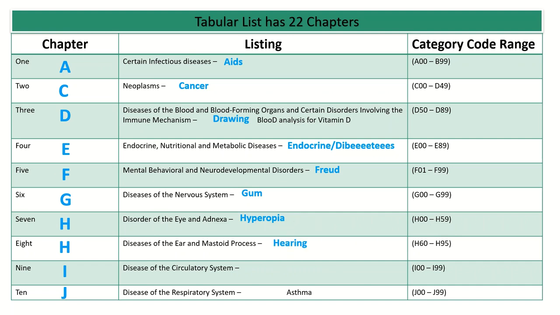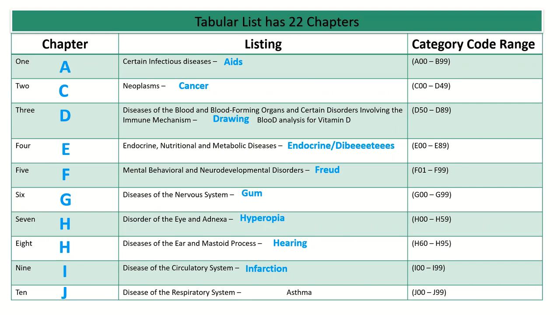Yes. Chapter 9, diseases of the circulatory system begin with the letter I, I00 through I99. When you think of circulatory system, think infarction. I is for infarction and also the circulatory system.